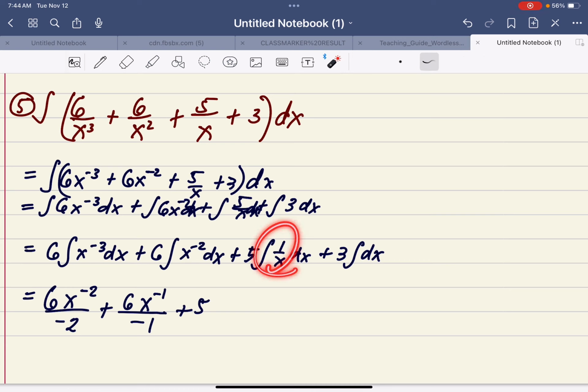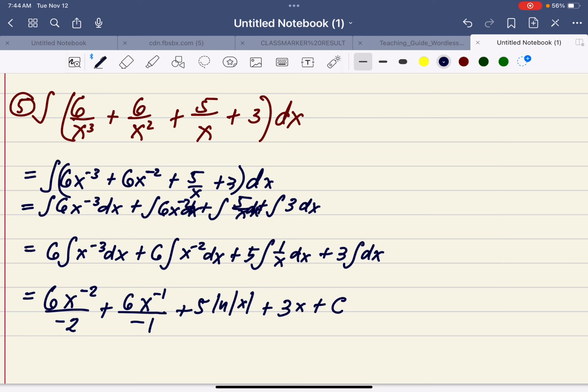Integral of 1 over x is ln of x plus 3. Integral of dx is x plus c. Then simplify.